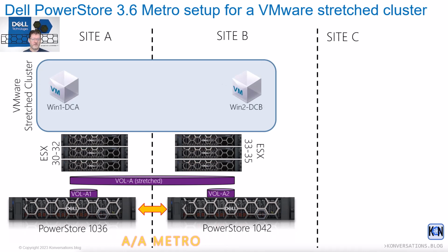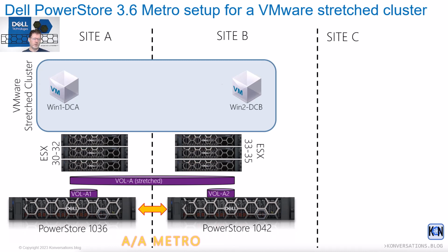So I have 4 Windows servers. The first 2 are a DCA and a DCB Windows server, and they are actually preferred on the correct volumes. So I've got different volumes. I've got a Metro volume that is preferred for data center A, and I've got another volume that's also Metro stretched that is preferred for data center B. Now these 2 Windows servers run on their preferred volumes.